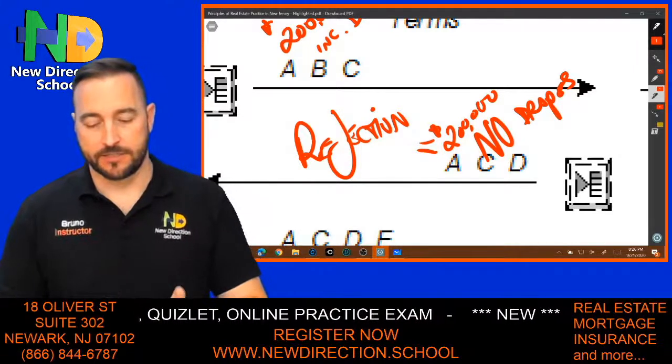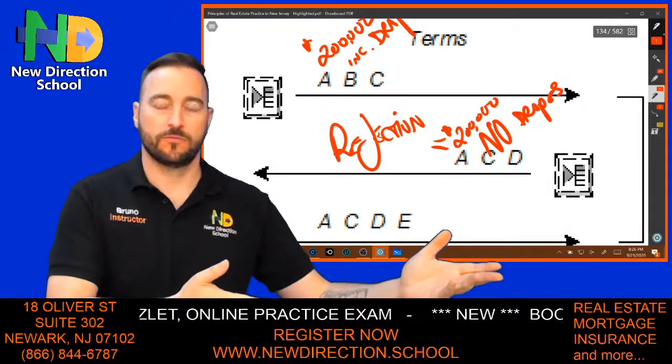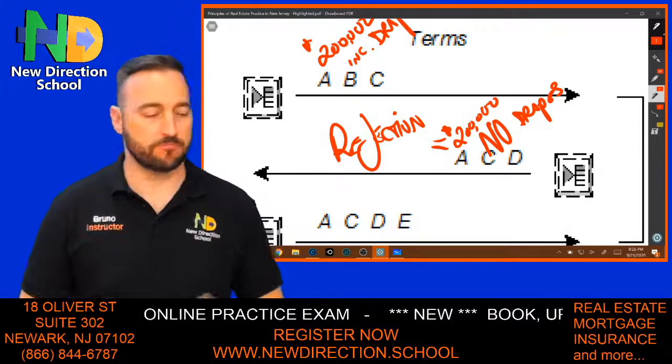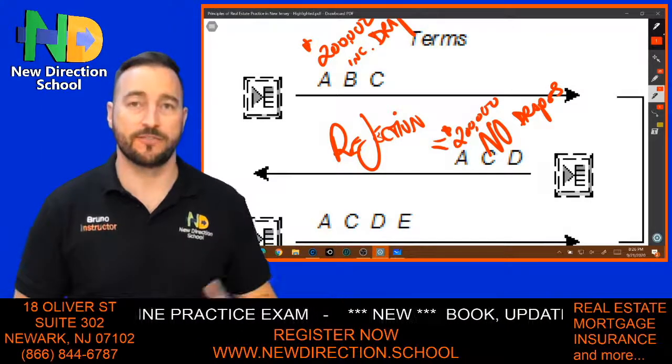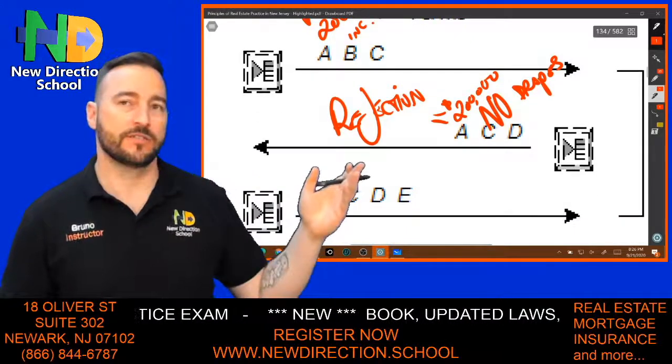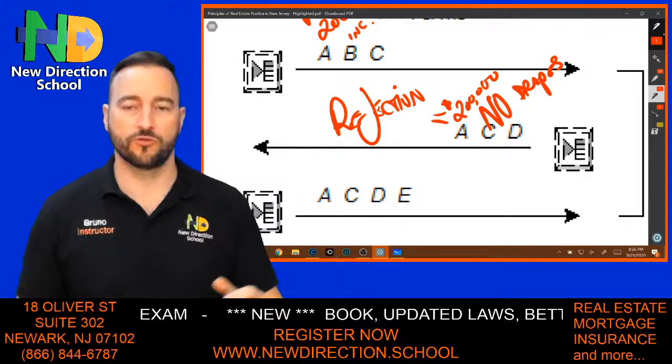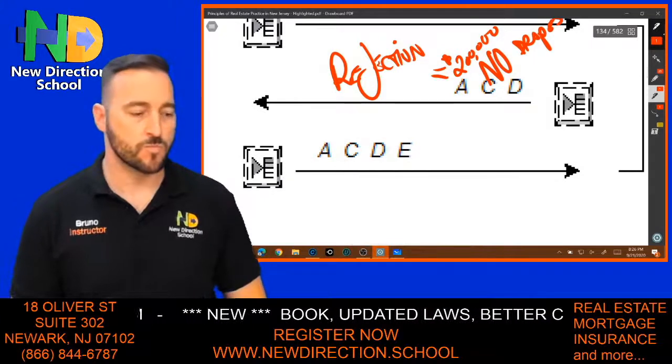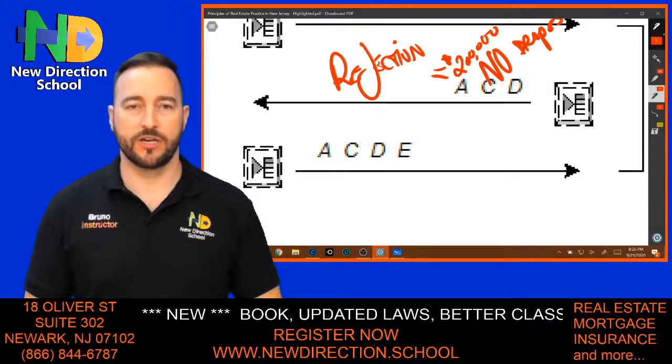Okay? So, do you have to move forward with the no drapes? No, because your offer was rejected and vice versa. Now, what if the seller said $200,000, no drapes, and he said, you know what? I'm thinking.